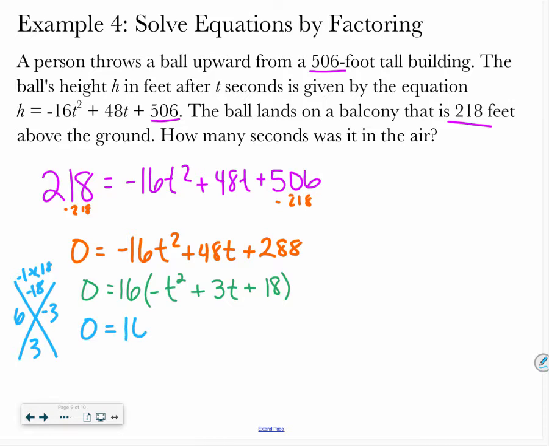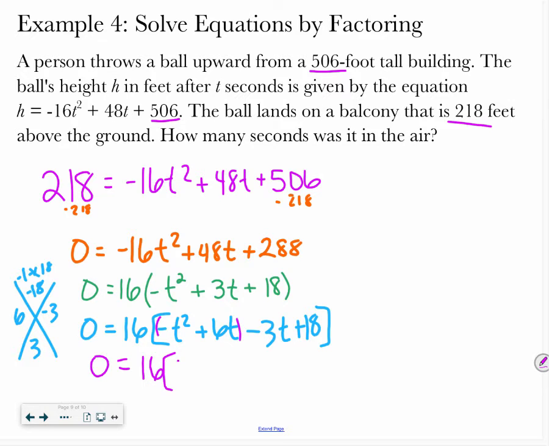So I'm going to say 16 times -t squared plus 6t minus 3t plus 18 will be what I need to factor in order to find my solution. So I still have my 0 equals 16, and then if I group these together, I see that the first one has a t in common.